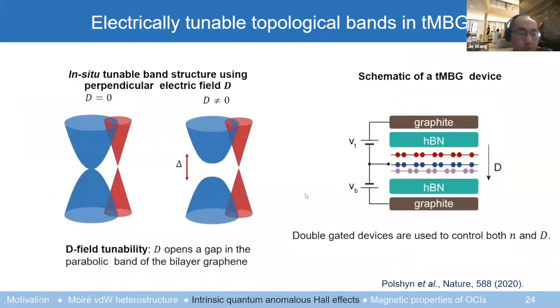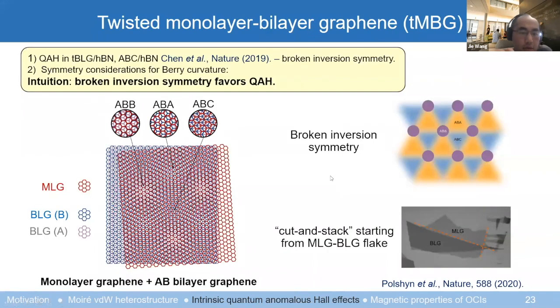Mm-hmm. So the second and the third layers, they are not twisted, right? Yes, right. So first and second here is AB, right? AB is just Bernal stacked bilayer. And then the third layer on top is rotated. And that's why in the third layer it varies: sometimes it's B, sometimes it's A, sometimes it's C. Mm-hmm.